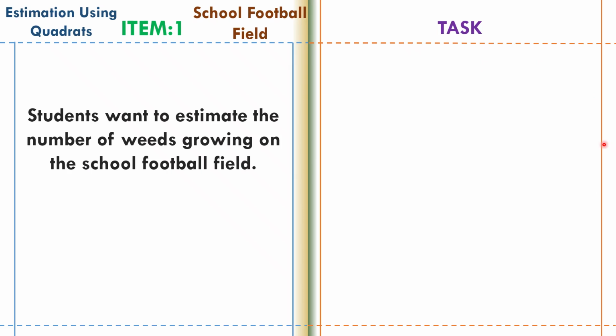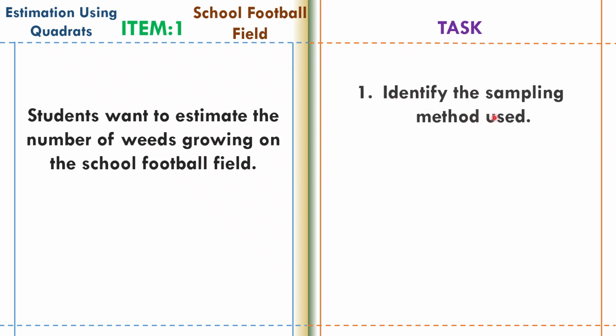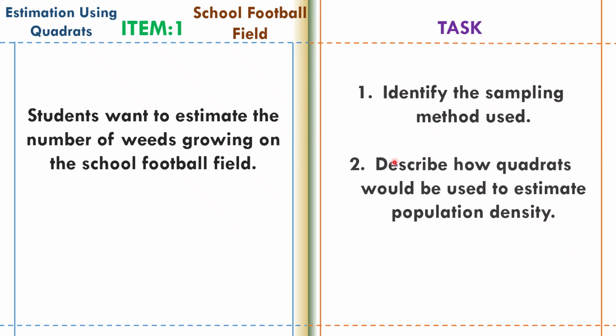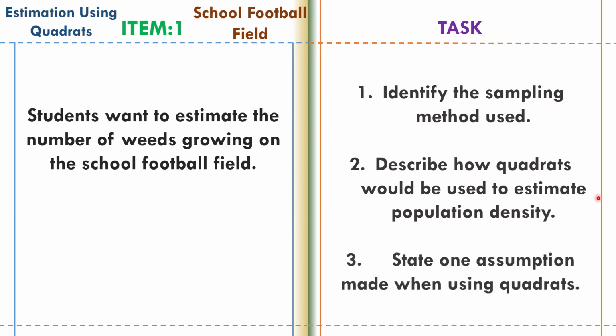Task: identify the sampling method used. Describe how quadrants would be used to estimate population density. State one assumption made when using quadrants.